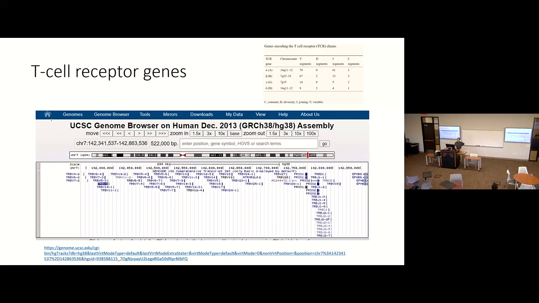So this is the place of the V domain. This is the T cell receptor beta chain V domain, the cluster and the different subtypes. You see a lot have been arranged on the chromosome. This is chromosome number 7 in the human, yes.